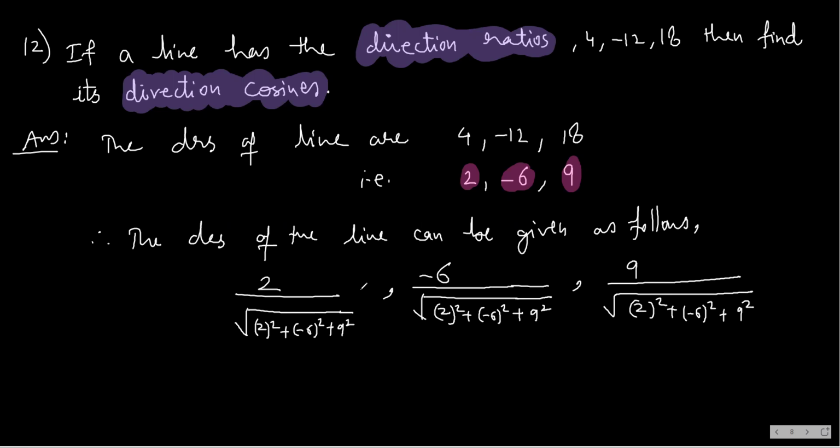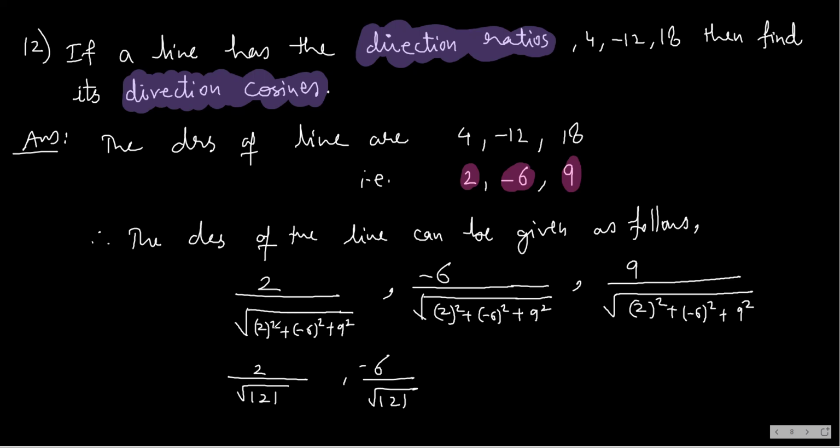So you have understood what I did. I divide 2, I divide minus 6, and I divide 9. Each of these three numbers I divide by square root of sum of square of all these three numbers. So this is 2 upon square root of 121, minus 6 upon square root of 121.